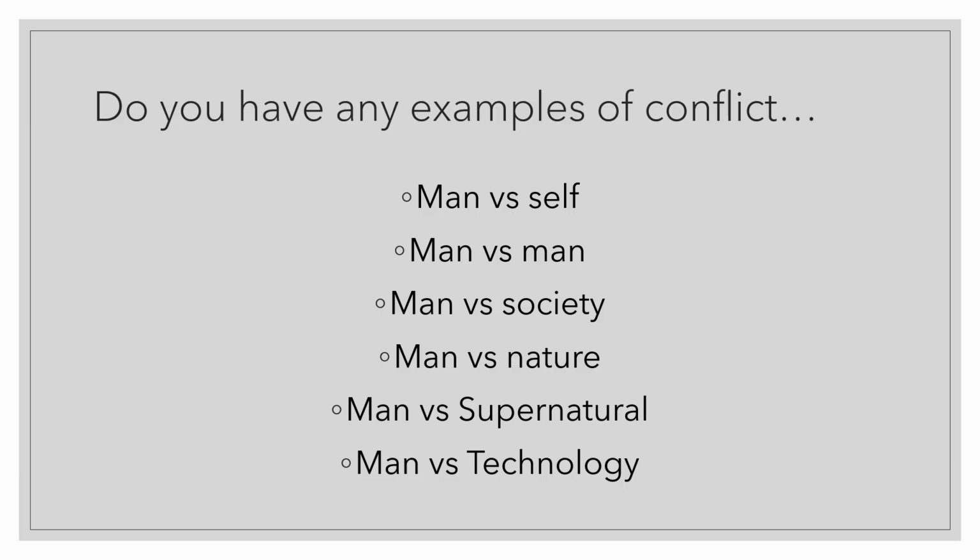Make sure you're able to distinguish between these examples of conflict when you see them. Can you think of a movie or book with one of these types of conflicts? Now, the best narratives will have a combination of the majority of these conflicts, if not all of them.